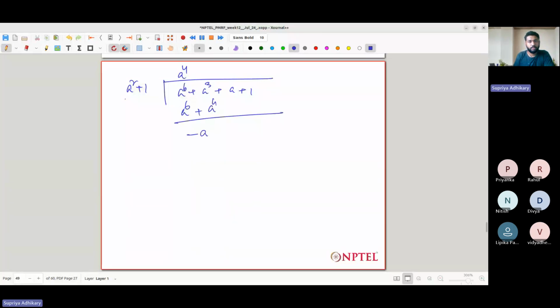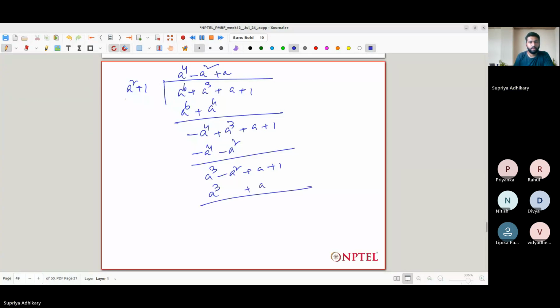So this should give us a^4 minus a^2, a^3 minus a^2 plus a plus 1. So this should be plus a^3 plus a^2 plus 1, and finally we will have this.